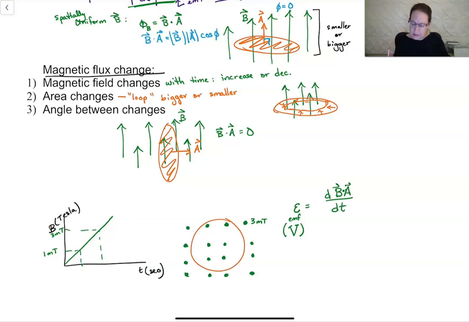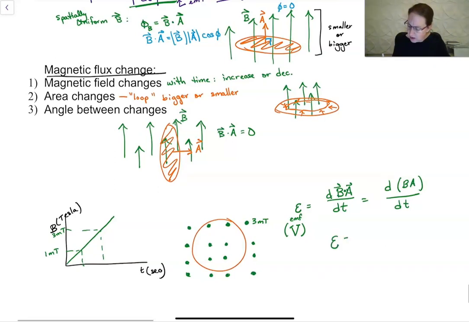So in this case, the area is pointing out of the page or into the page. It doesn't matter. We'll figure out the signs of these things later. And so the B dot dA I can write as the derivative of B times A over dt. Now the area isn't changing, so I can pull that out. So this EMF is going to be area times dB/dt. So the derivative, the change in the magnetic field.